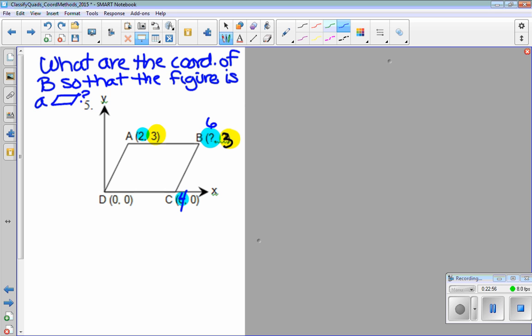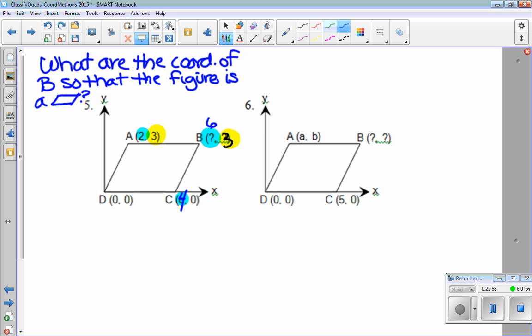So let's take this idea and let's figure out, I'm going to make this a letter C. Okay? Not a number. And I want us to write what the coordinates of B are here. We got to think about this in terms of what did we add, what stayed the same.